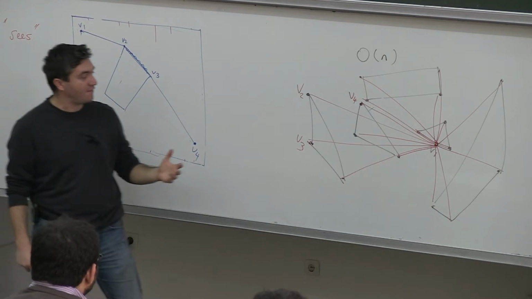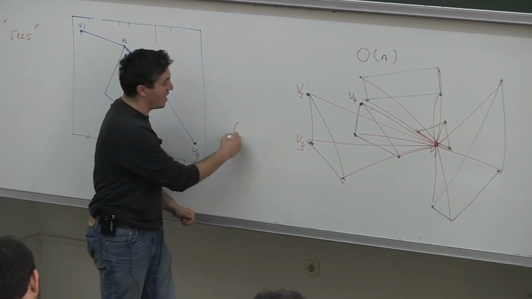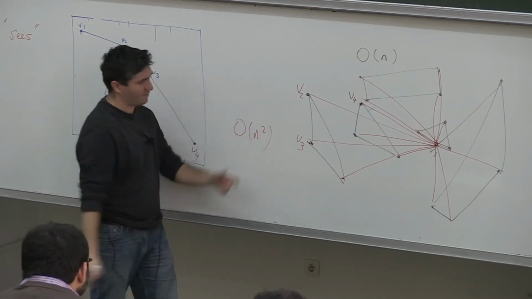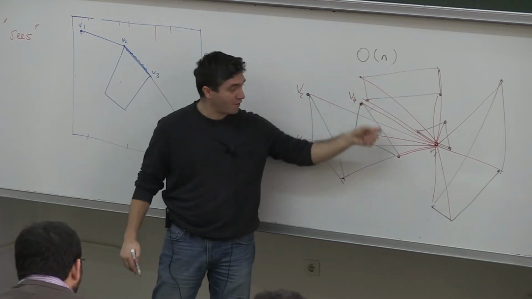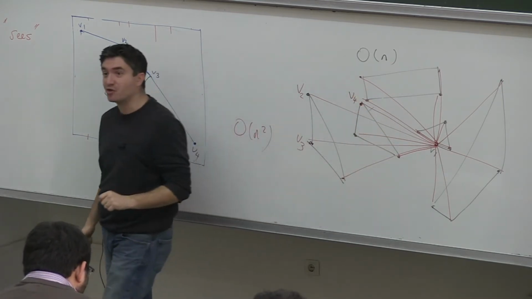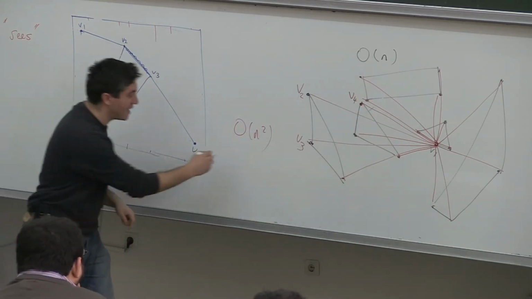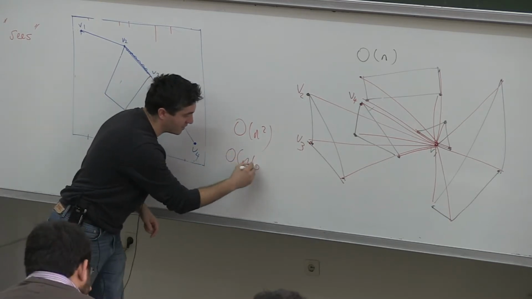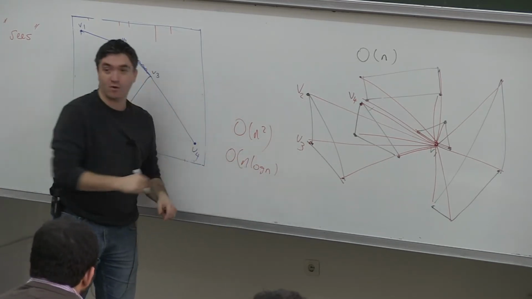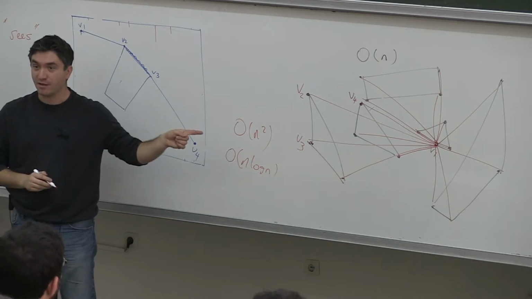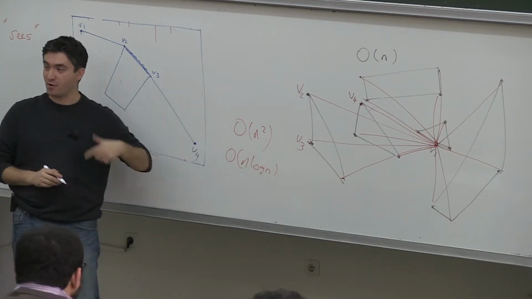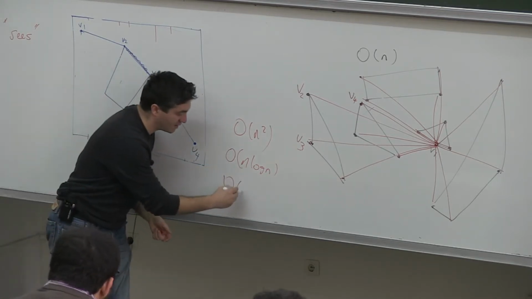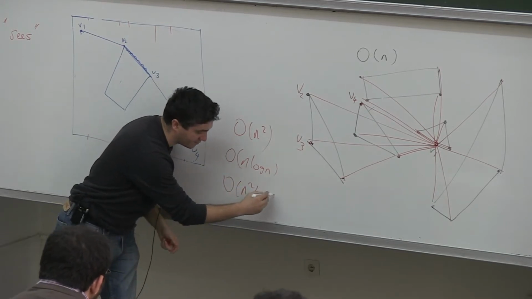So instead of O(n) computations for each pair, can I reduce the work for V1 to O(n log n)? If I can, then doing this for all the other vertices, the total complexity is going to be n squared log n.